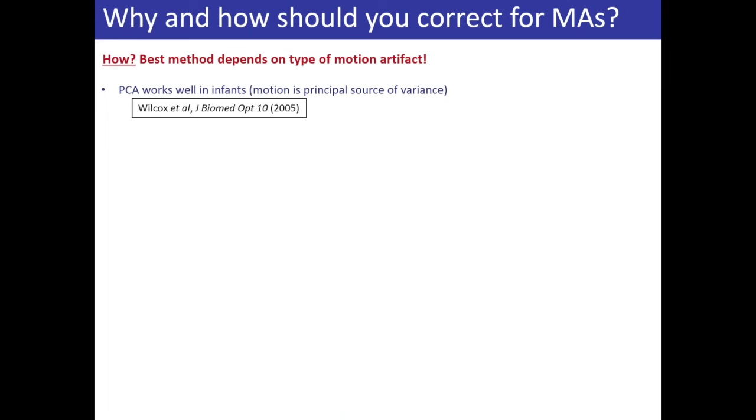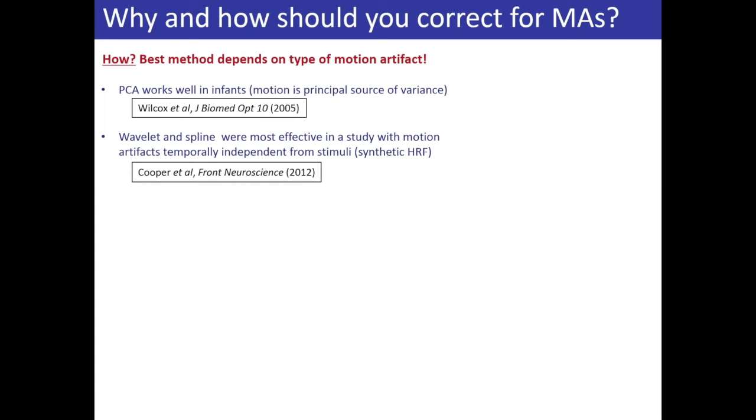So we saw with the PCA work that it works well in infants, because in infants the main source of variance is motion artifacts.